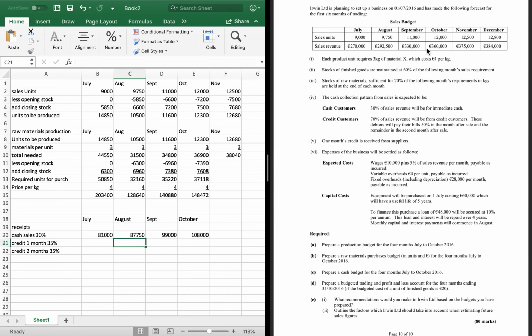Okay, now credit for 1 month, new business, so you're not collecting anything in July. If it was an existing business, there might be debtors to collect from, but there's not. So then we still start with this 270 and we find 35% now. So 35% of 270, 35% of 292, and 35% of 330.